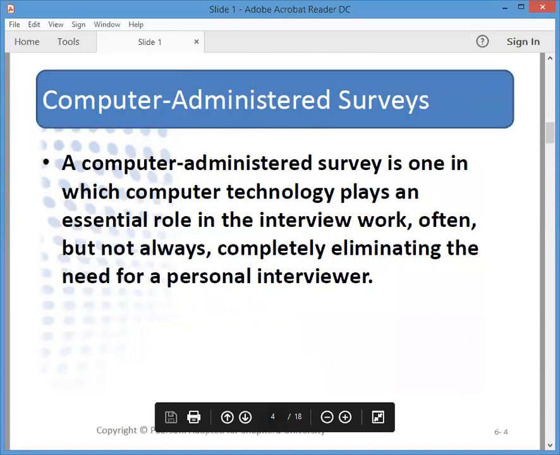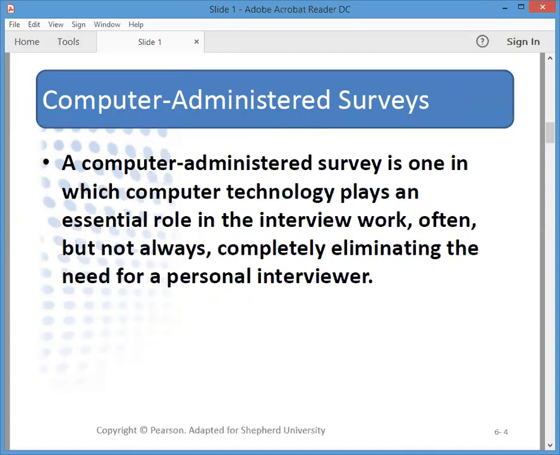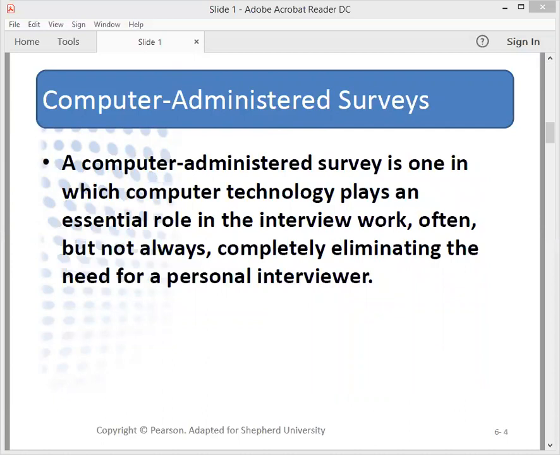A computer-administered survey is one in which computer technology is used in the interview work, and it will assist or even completely eliminate the need for a personal interviewer. There are several advantages of computer-administered surveys. They're fast.